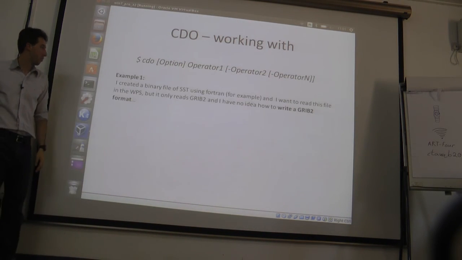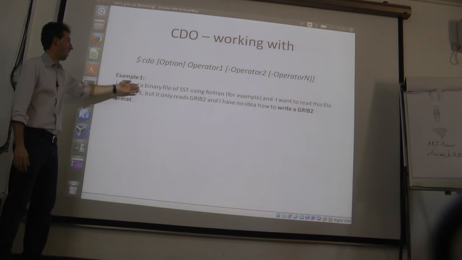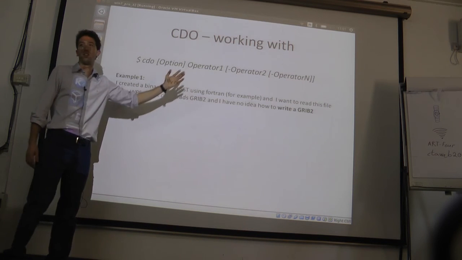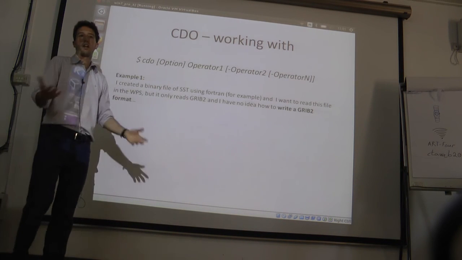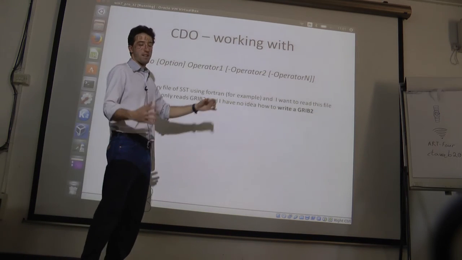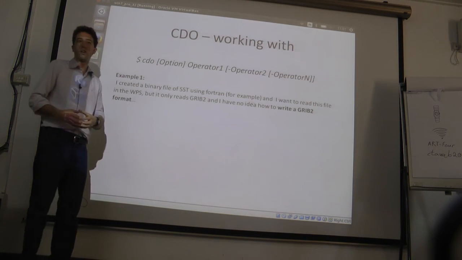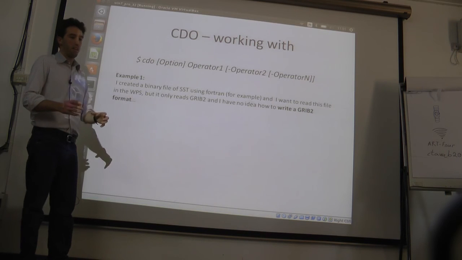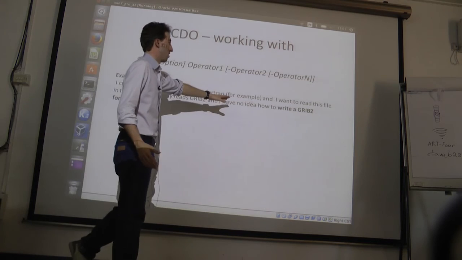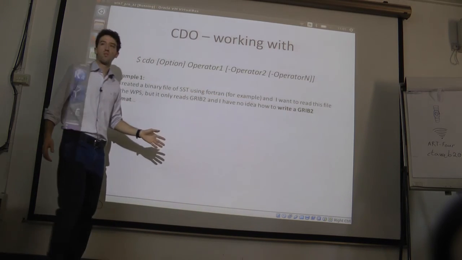So for example, I have a binary file with SST that I created using Fortran or NCL or another tool. But I created this binary file, and WRF is not reading this file.